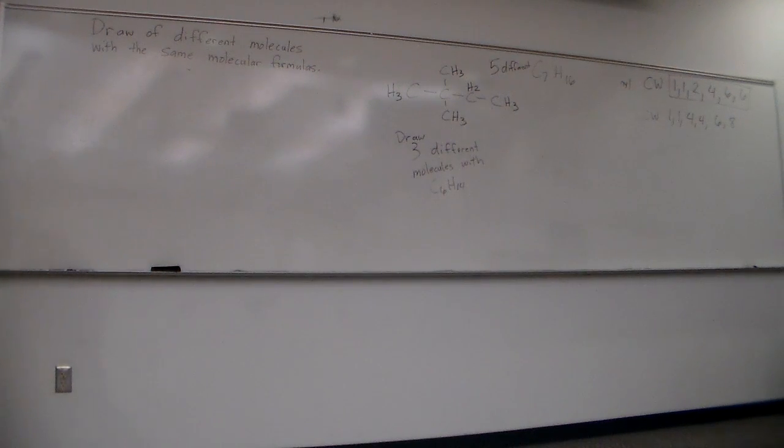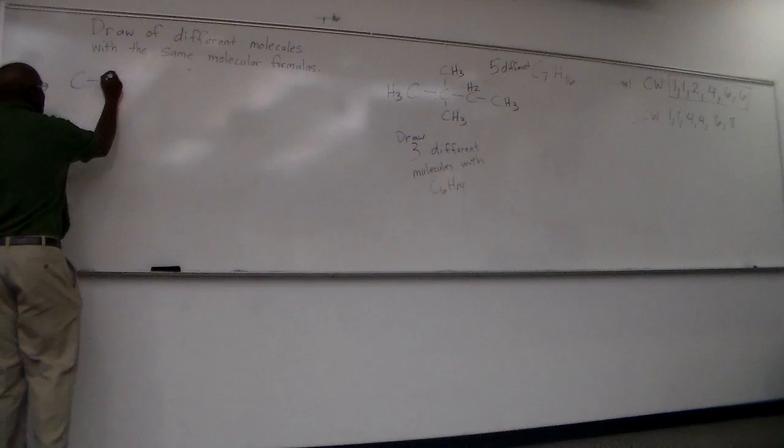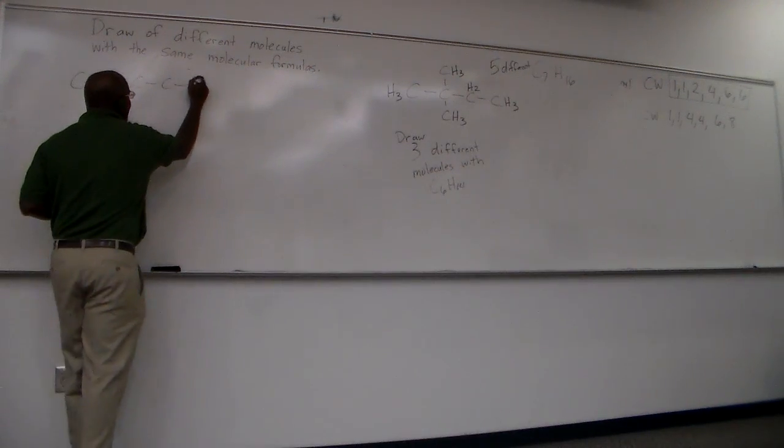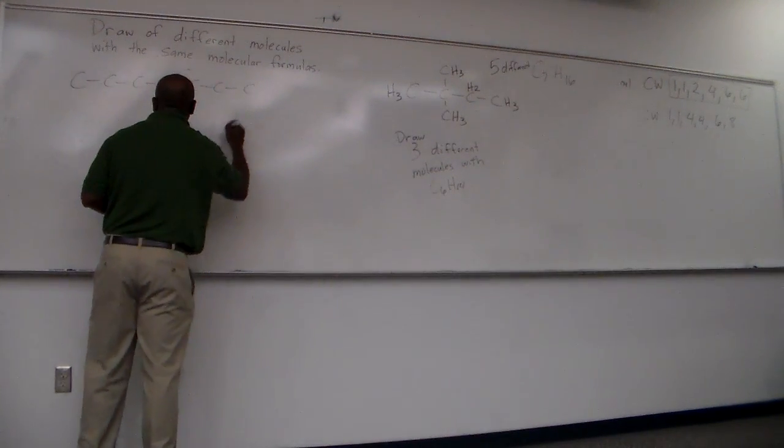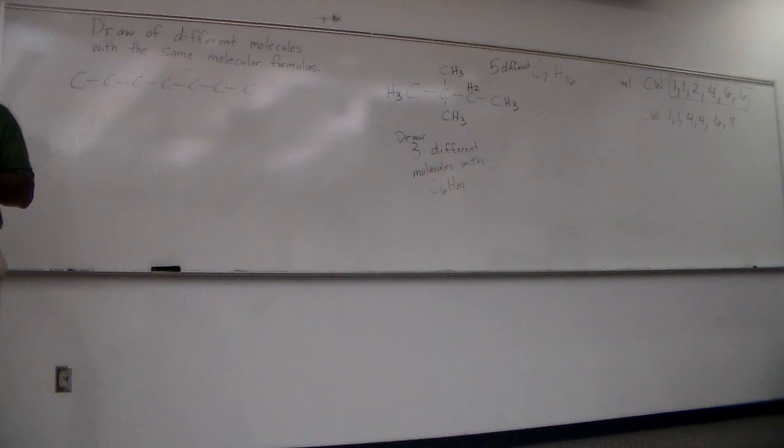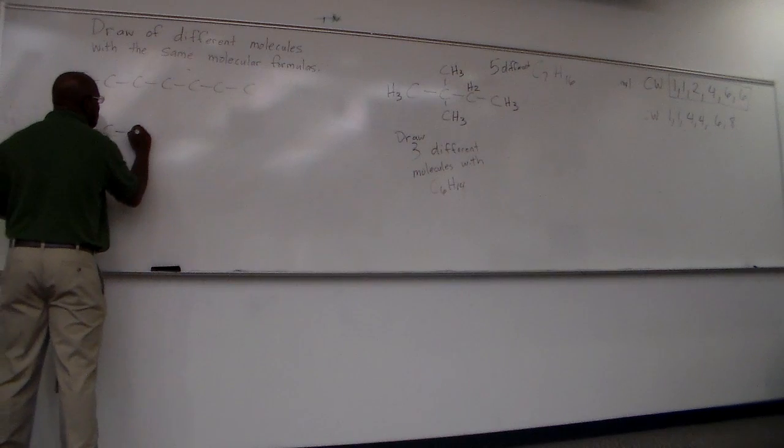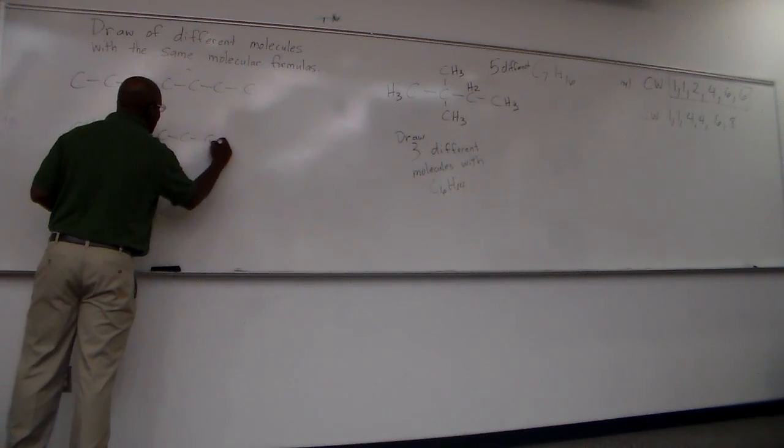First one, give me 7 in a straight line: 1, 2, 3, 4, 5, 6, 7. You can only have 1, 7, and 0. The next you would do is what? Give me 6 and 1: 1, 2, 3, 4, 5, 6.